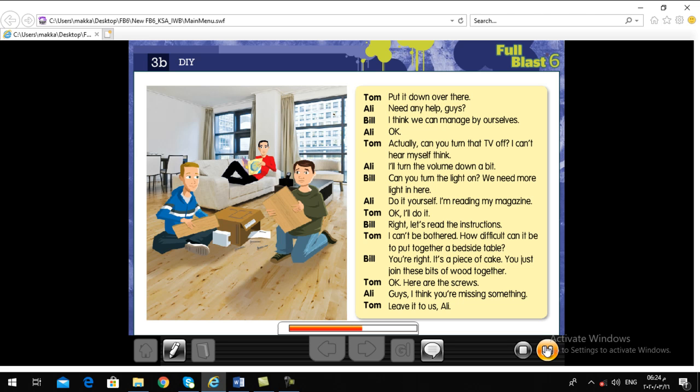Okay, I'll do it. Right, let's read the instructions. I can't be bothered. How difficult can it be to put together a bedside table? You're right. It's a piece of cake. You just join these bits of wood together. Okay, here are the screws. Guys, I think you're missing something. Leave it to us, Ali.